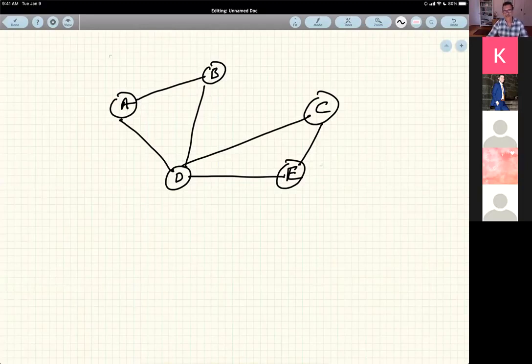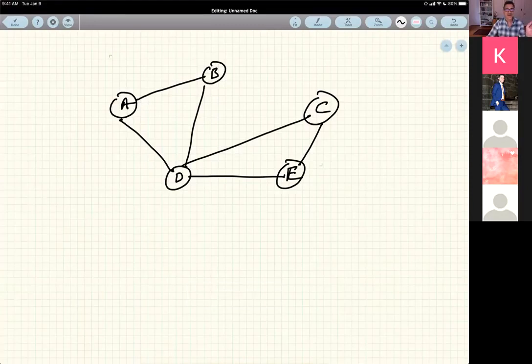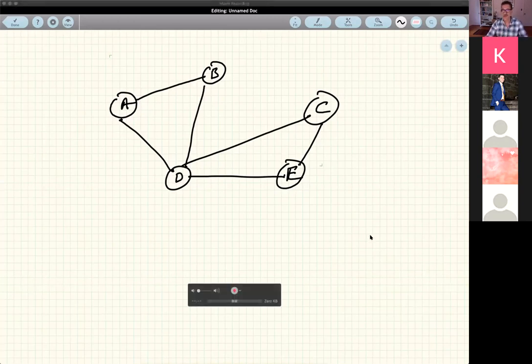A path through the graph is a sequence of edges leading from a source vertex, a starting vertex that we'd start from, and ending at the vertex that we want to go to, the destination.